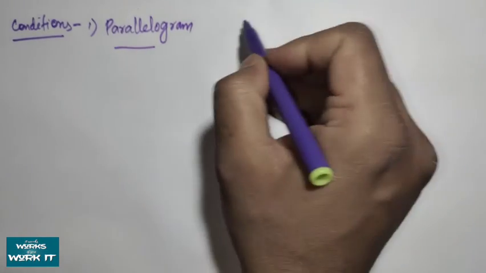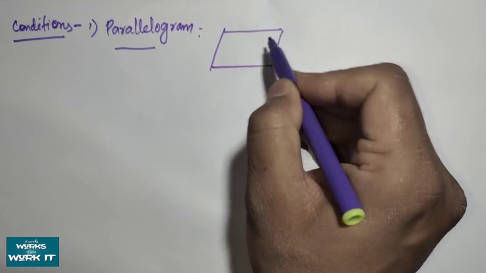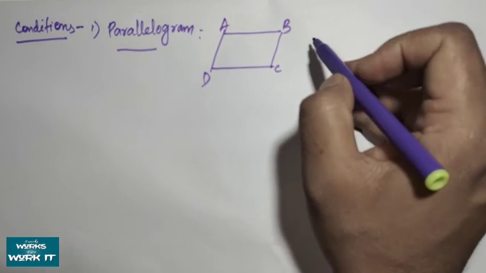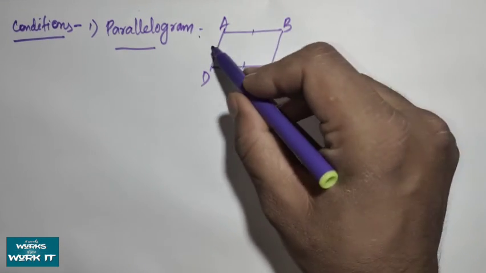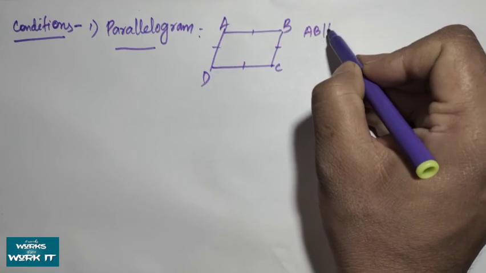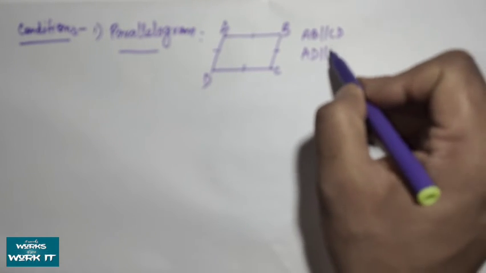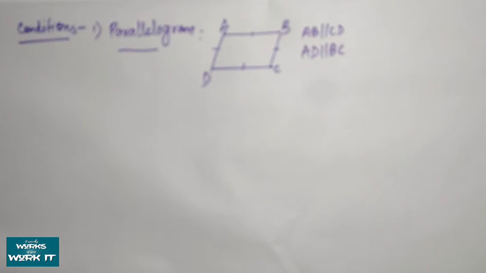Now that we know the definition, if I draw a parallelogram and name it A, B, C, D, then according to the definition of the parallelogram, its two pairs of opposite sides are parallel. So AB will be parallel to CD, and AD should be parallel to BC. If this is happening in any diagram, we can say that it is a parallelogram.